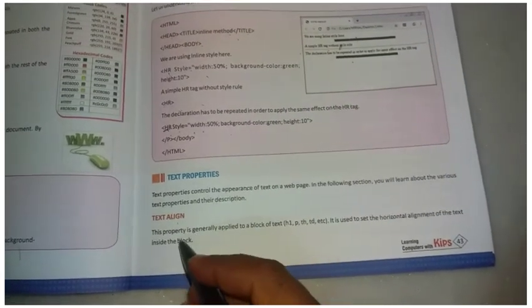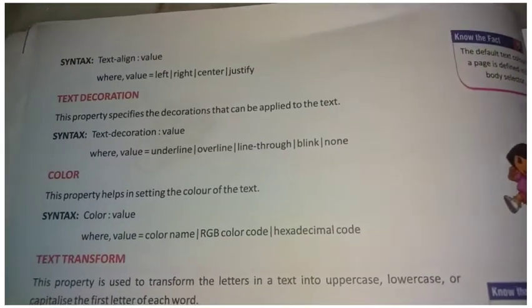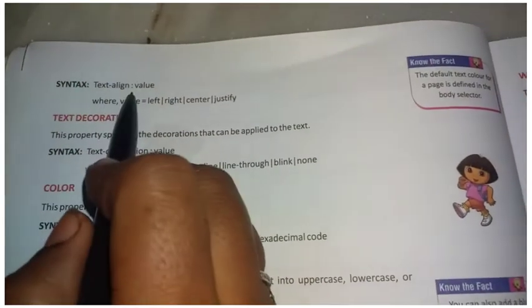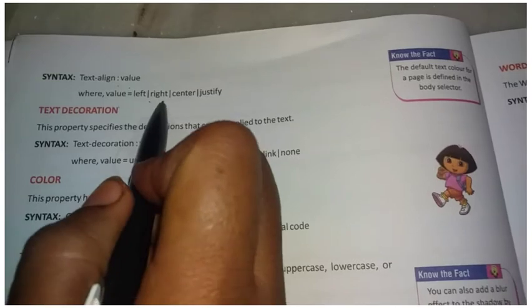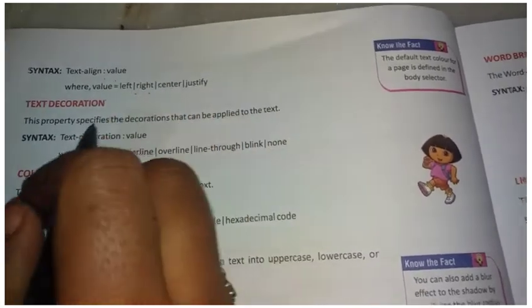We can set that for a paragraph, table data, table header, etc. Now see the syntax. Text align: value. Here the value may be left, right, center or justify.